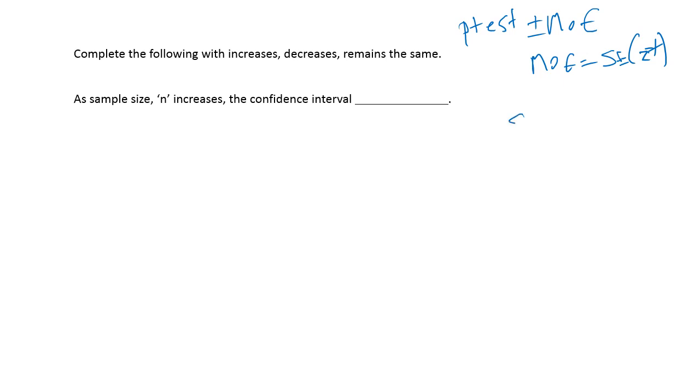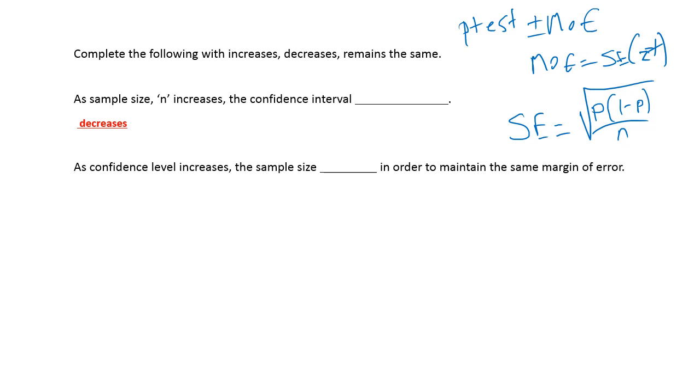Sample size comes into standard error. Well, for proportions, we're talking about this thing, which makes sample size on the bottom of this fraction, bigger denominator, smaller fraction. So standard error decreases. So as sample size increases, the confidence interval will decrease.